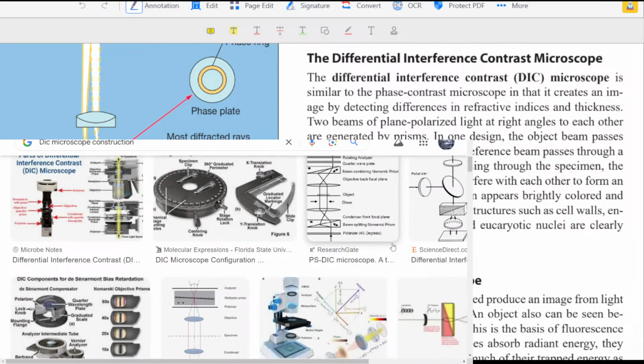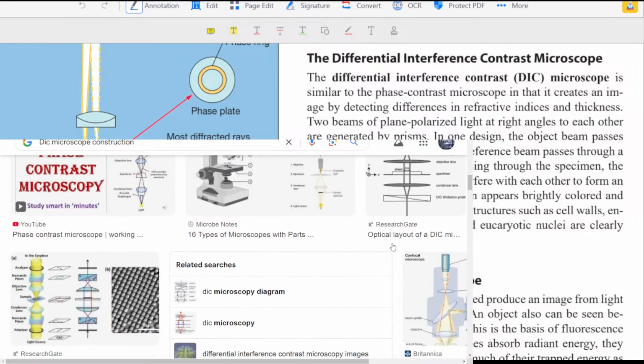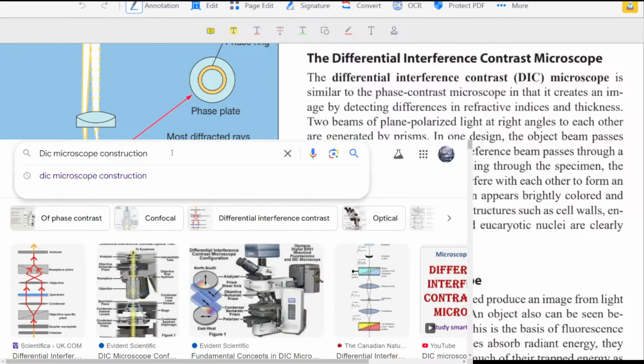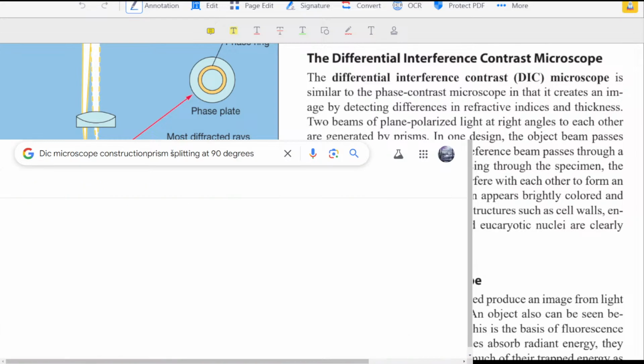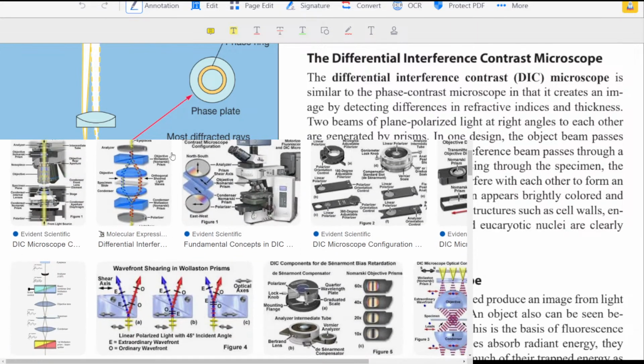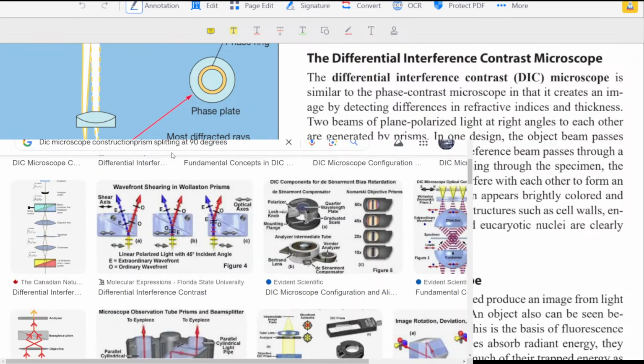Why haven't they written it? Wait. Prism splitting at 90 degrees. Let's see if we get something better. Who calls this a 90 degree?